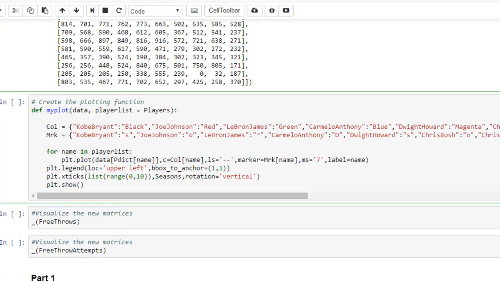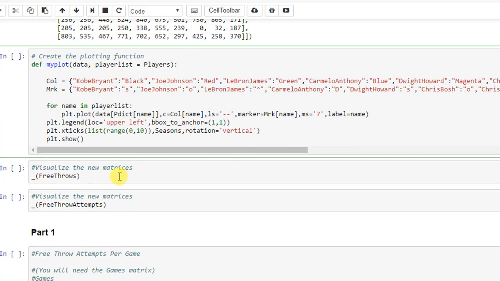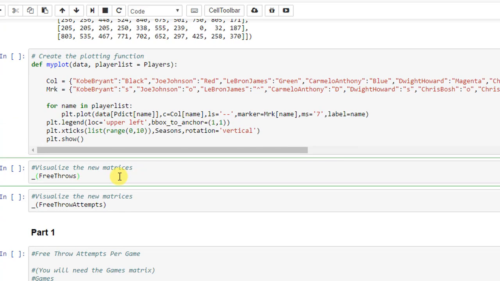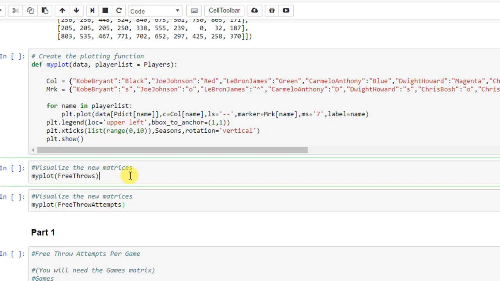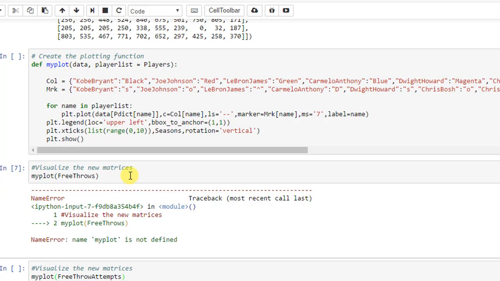This is not required in our exercise, but let's have a look at the function myPlot on the free throws to see any anomalies in the dataset. Same thing here, myPlot, and let's run. Oh, just a second.